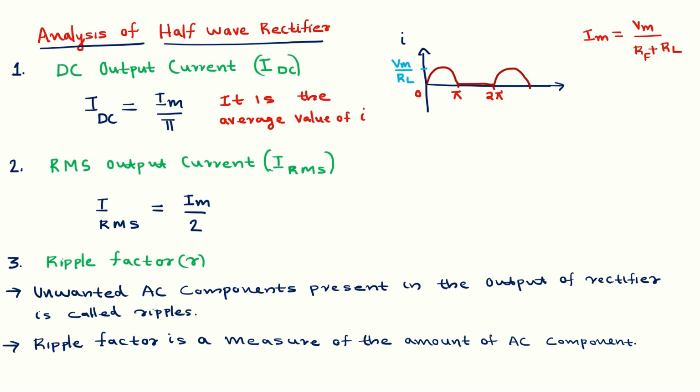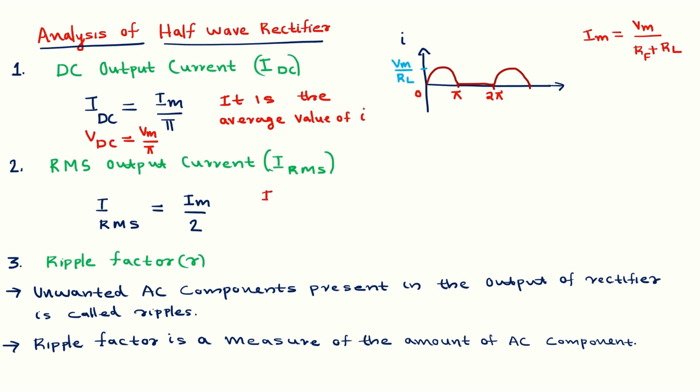The same way I can write the DC value of output voltage, VDC. The DC value of output voltage is equal to Vm divided by pi. The next parameter is RMS output current.